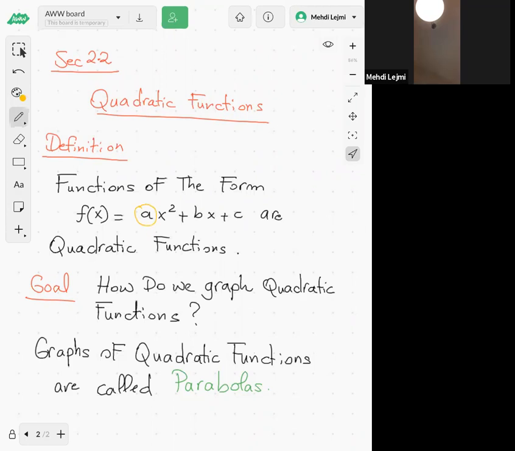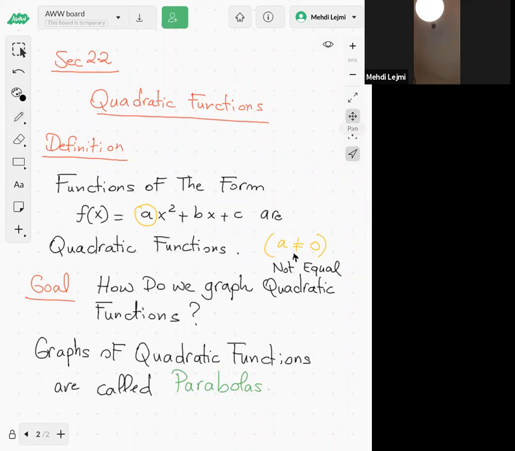A is different from 0, not equal to 0. Because if A is 0, of course, 0 times x squared would be 0, and so the x squared would just disappear, right?